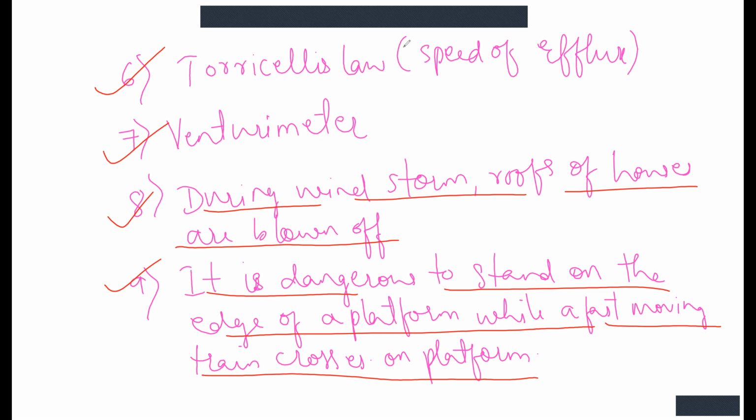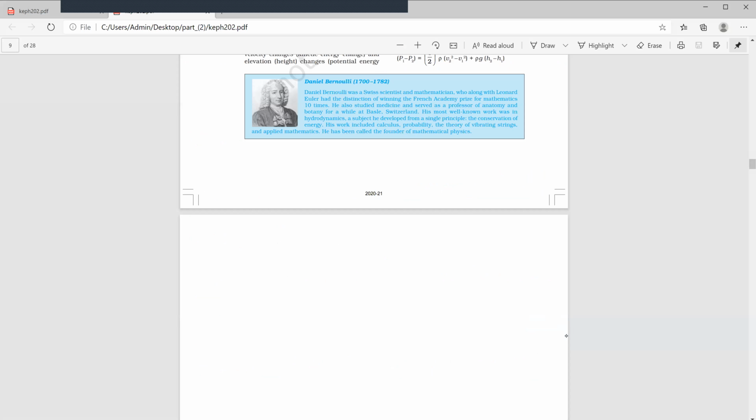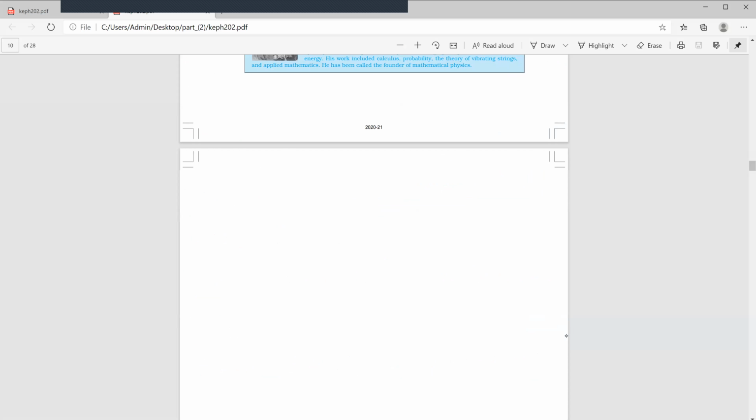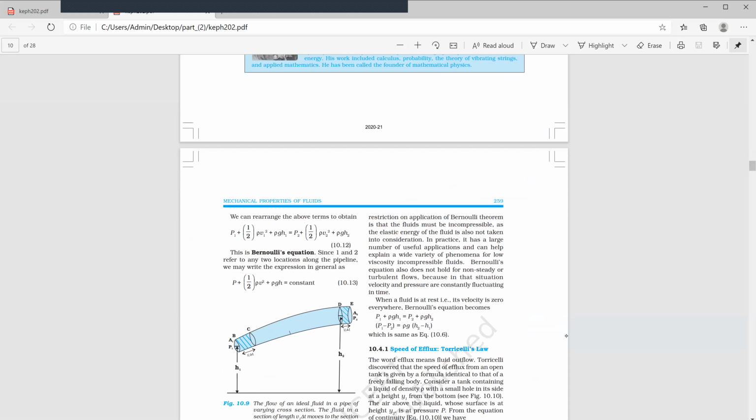And next application, we shall see applications of Bernoulli's principle. Next we shall see the meaning of dynamic lift.